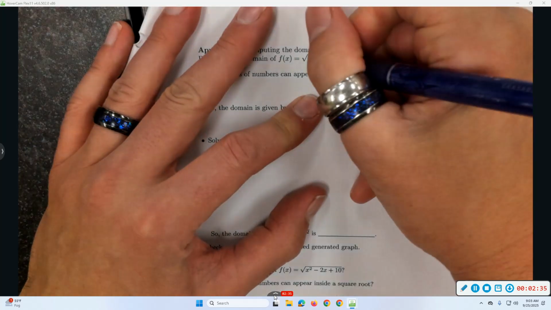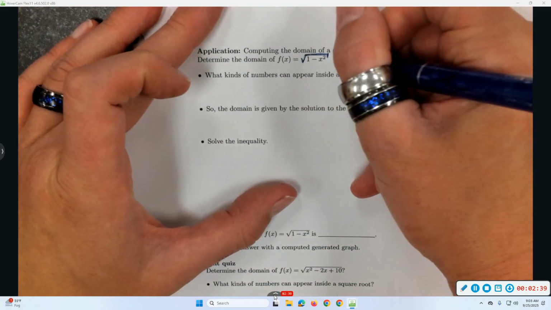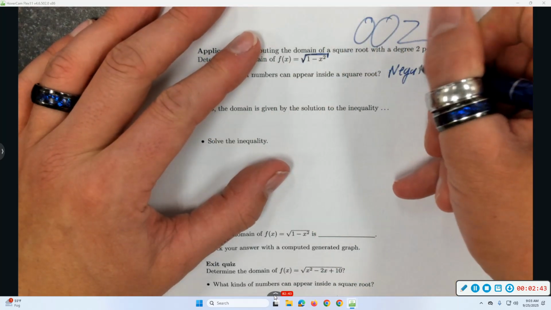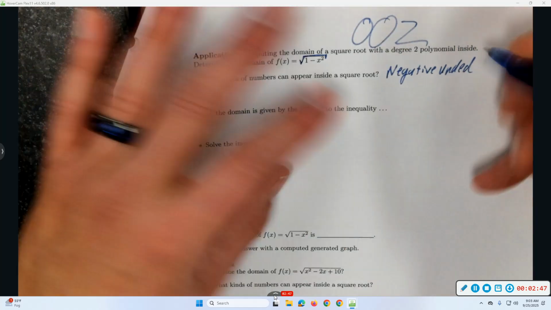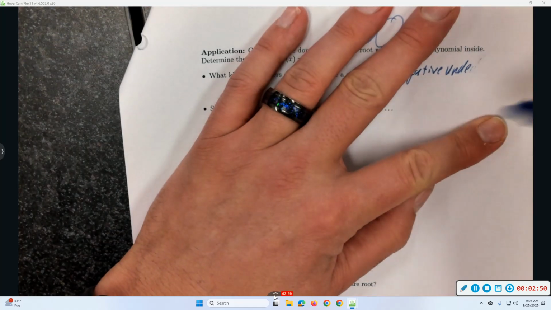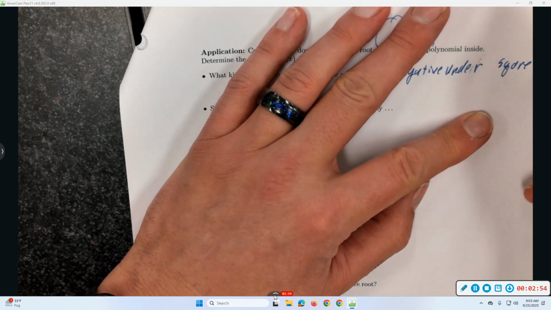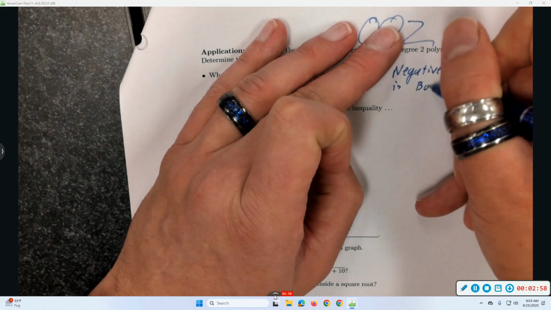So if you see a function which has a square root, negative under the square root is bad.